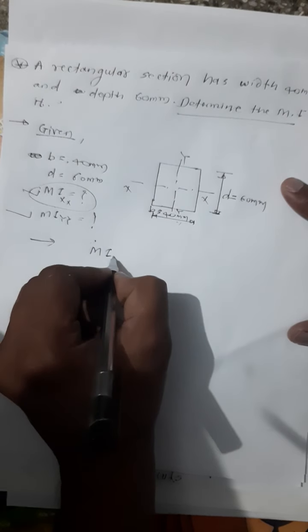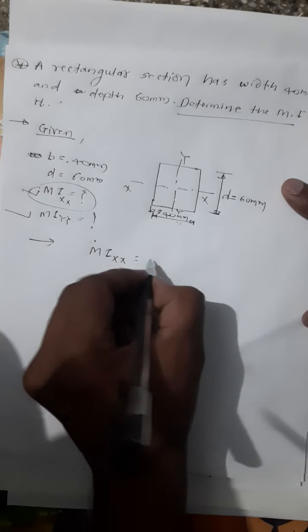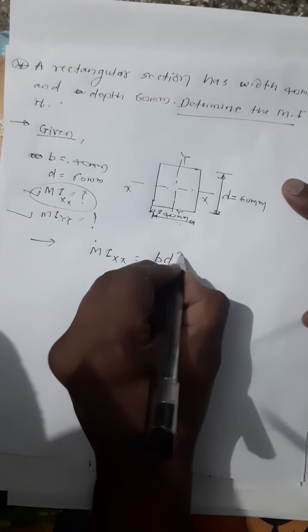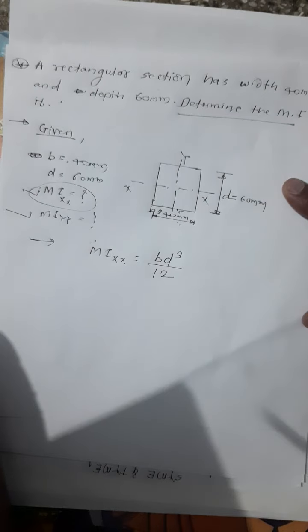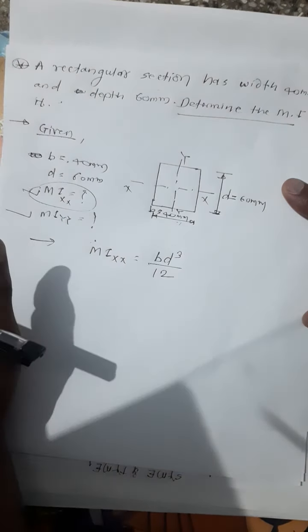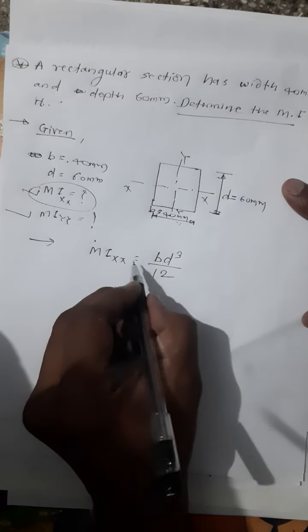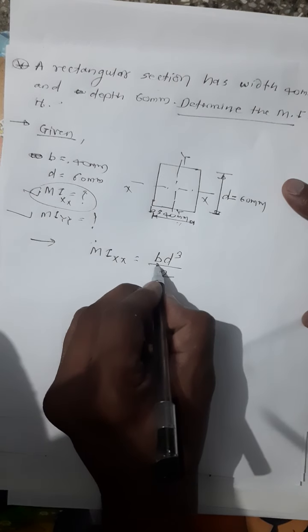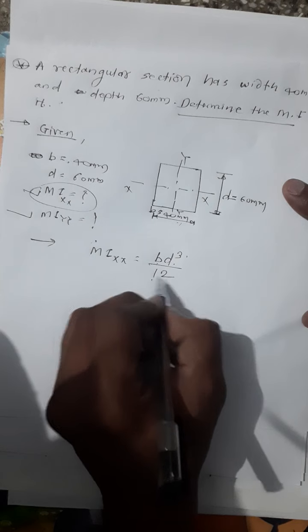So, my dear students, to calculate EMI about the x axis, we have a formula: BD cube by 12. It is very important. These are the empirical formulae we already have. So the formula to calculate EMI about XX is BD cube by 12.